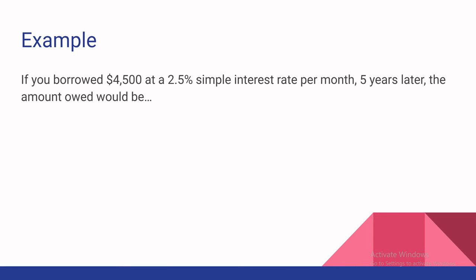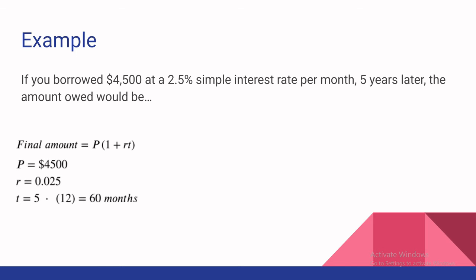If you borrowed $4,500 at a 2.5% simple interest rate per month, 5 years later, the amount owed would be, so we have our final amount equals P times 1 plus RT, that's our formula. And then we have our P equals 4,500. Our rate is 0.025, which is the decimal conversion of 2.5%.